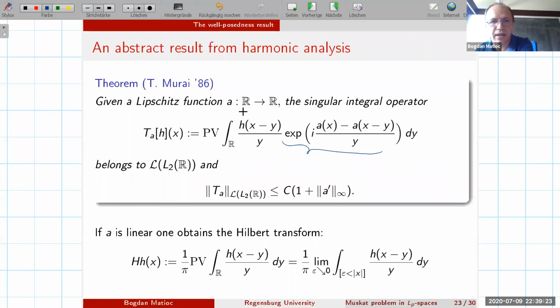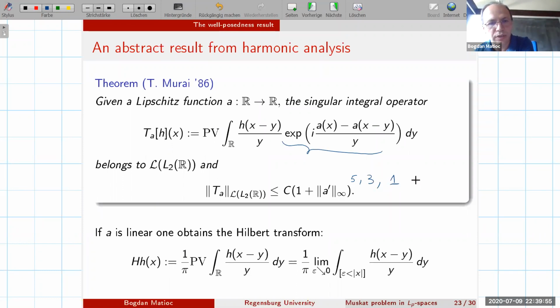However, A is allowed to be a general Lipschitz function. The result says that this operator maps L2 to L2, and its norm is bounded by a universal constant times 1 plus the supremum norm of A prime. And this is the final result in a series of papers where similar results are established with exponents 5 and then later 3, and 1 is the limit case.